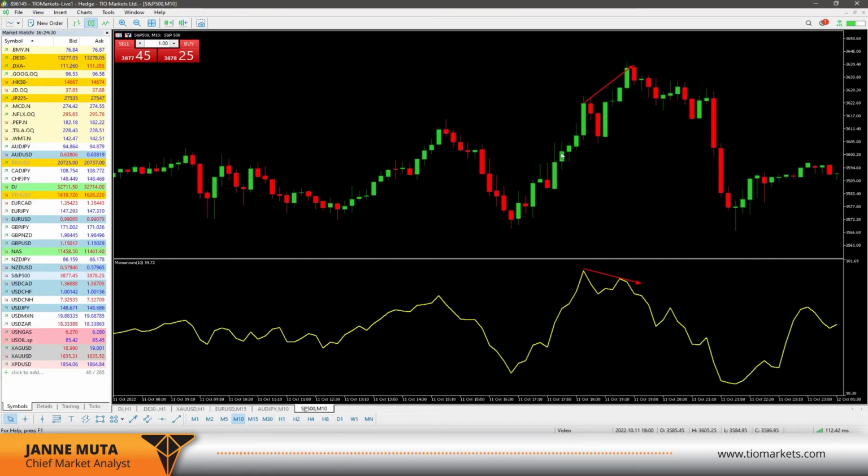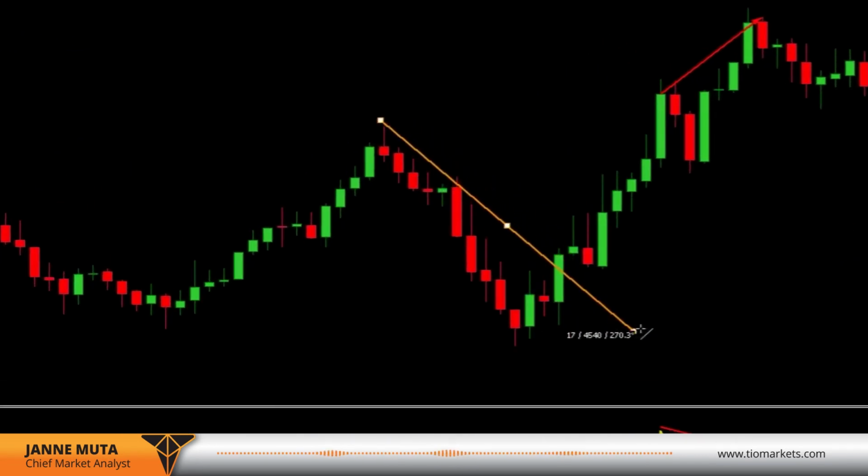So that's the way you can use a momentum indicator. But also, if you want to use it as a highlight of direction change in the market, let's use a trend line here to measure this downtrend, the highest high and then a reactionary high.